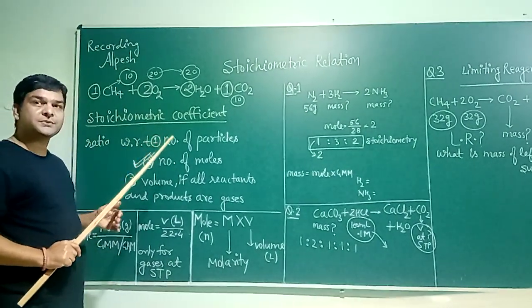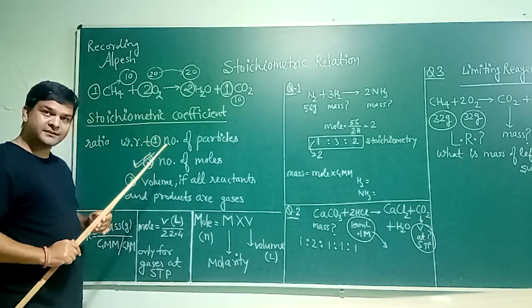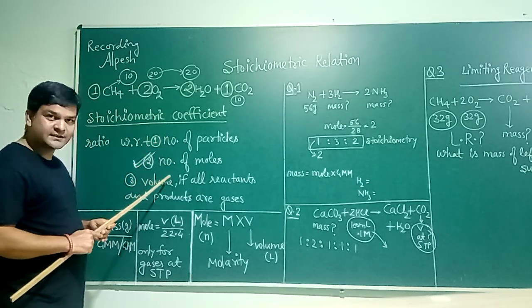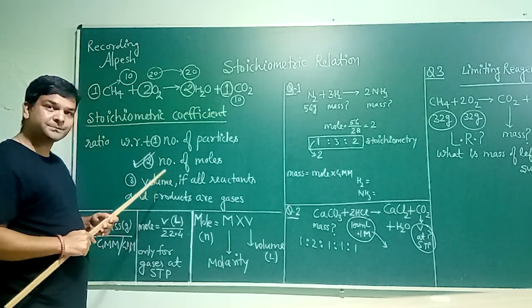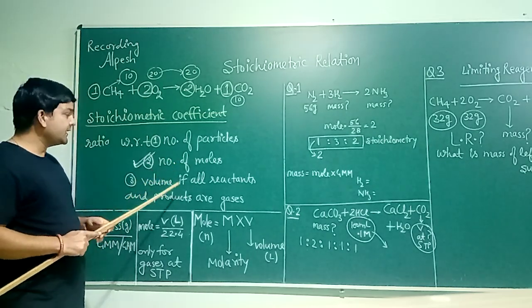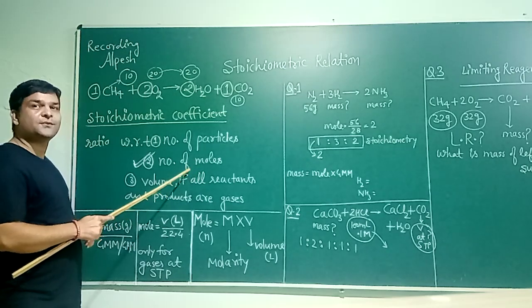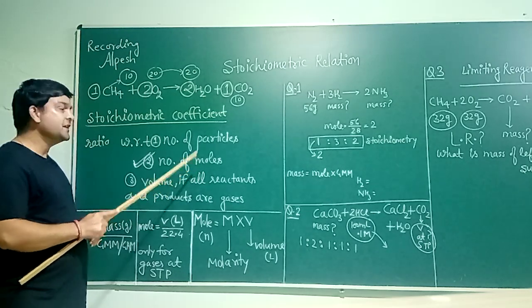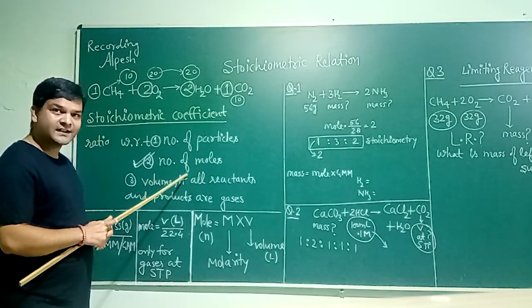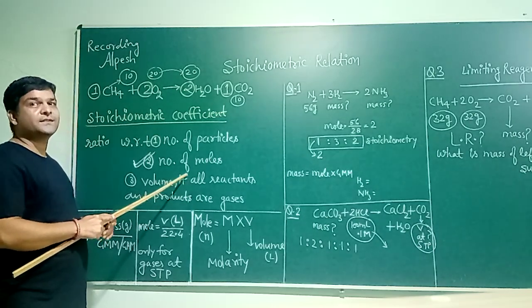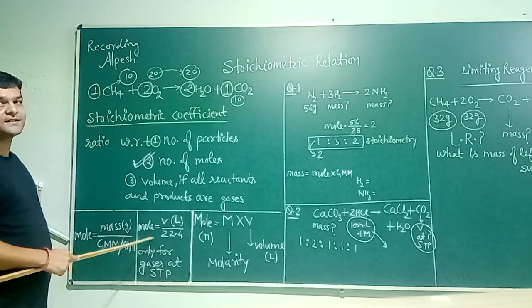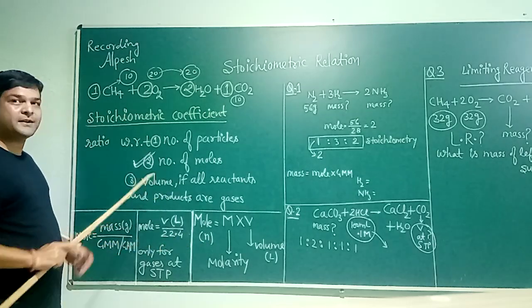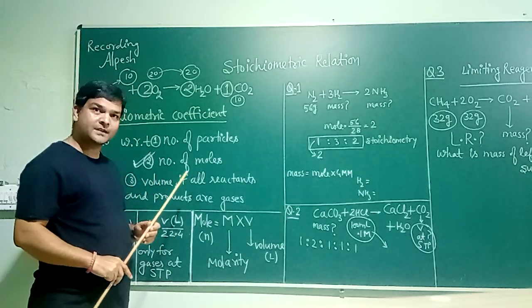These are the ratio with respect to particles, with respect to moles, in which the reactants react or products form. Now generally we prefer moles for our calculation. Moles may be given directly, or if you are given some other data, then you can calculate moles by using these formulas depending on the nature of the question.